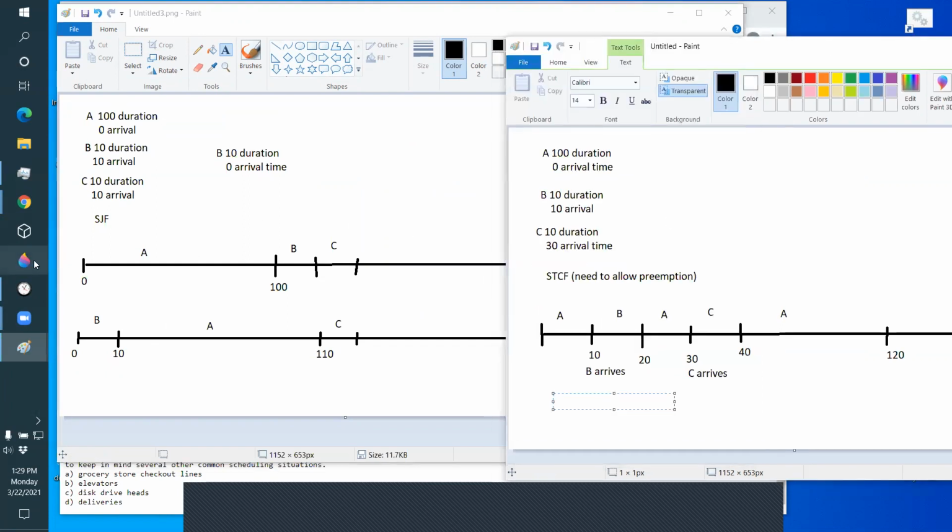We want to compare this one up here with this one down here. This one up here was a little bit different because the arrival time of 30 didn't really matter here.